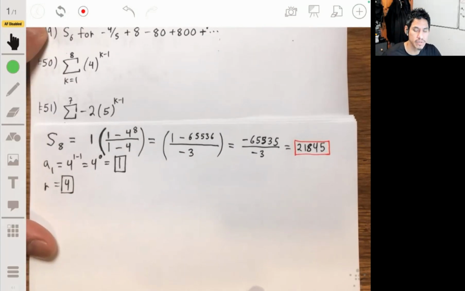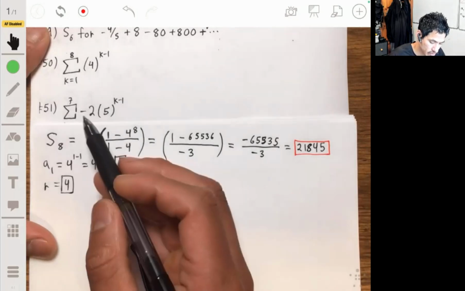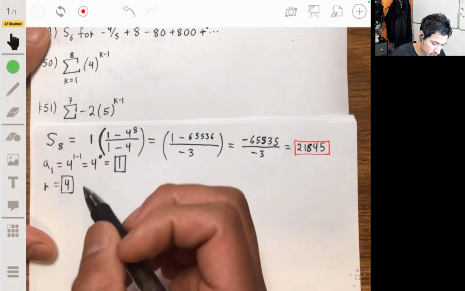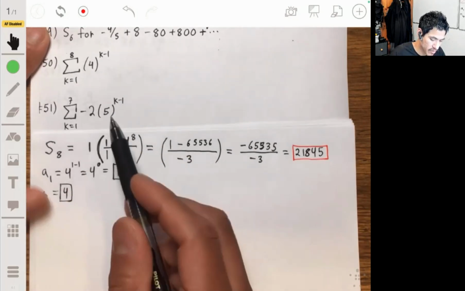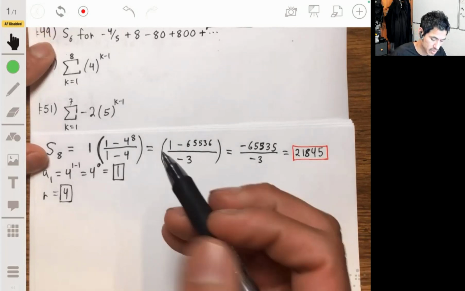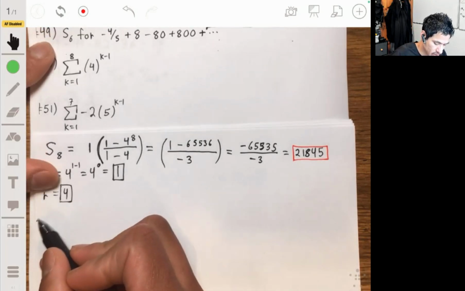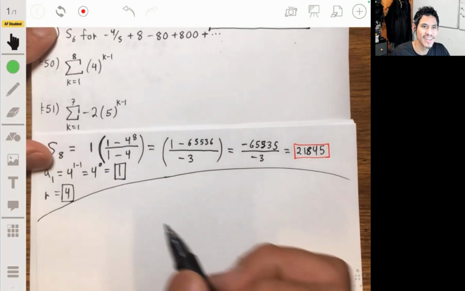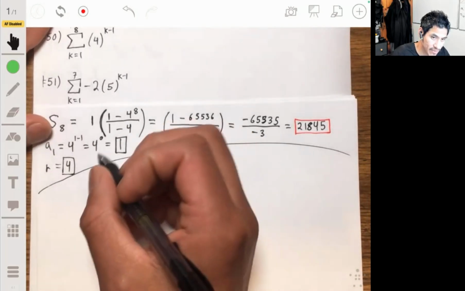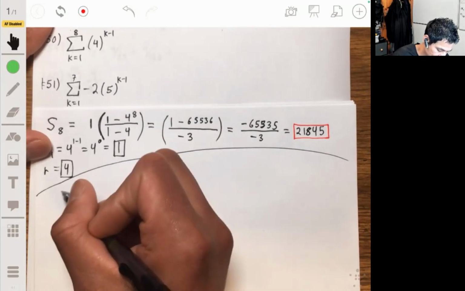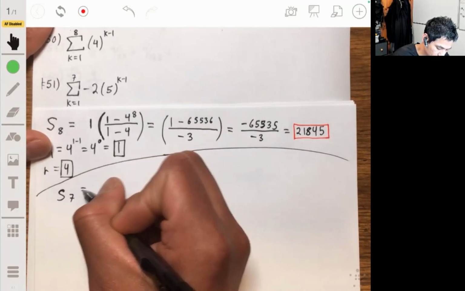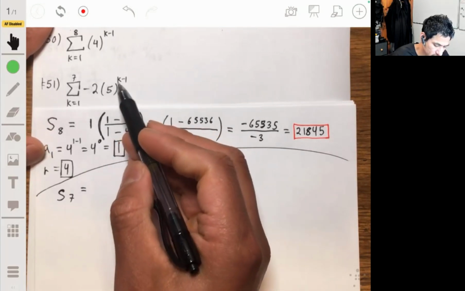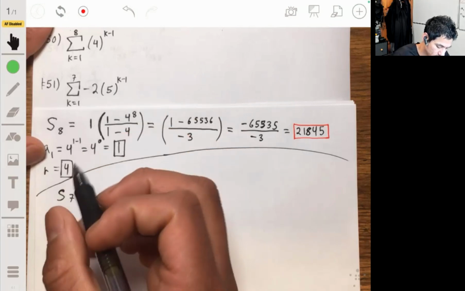All right. 51. You have the sum of the first 8 terms. No, we don't have some of the first 7 terms, is what I meant. So we're going to have S7 be equal to A1. You plug in 1 into there.